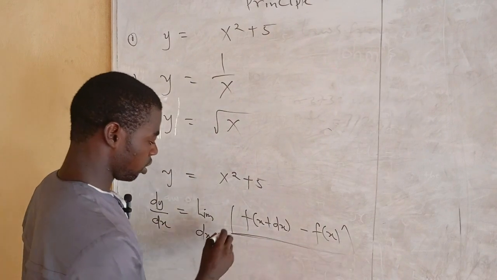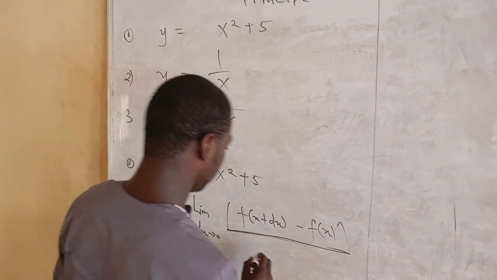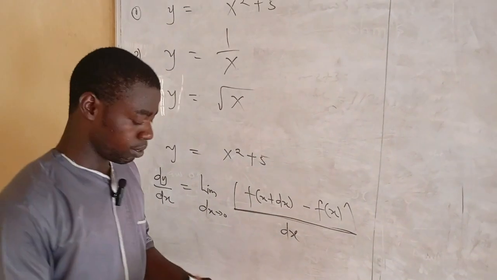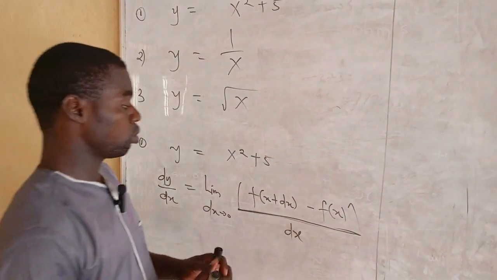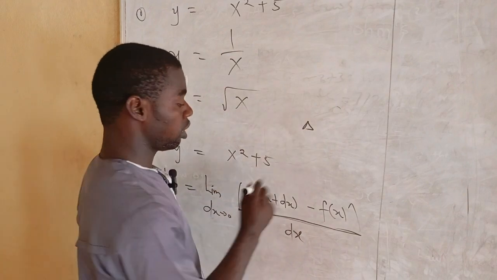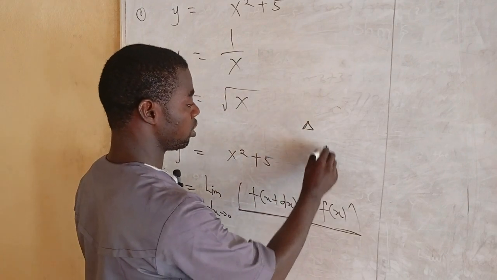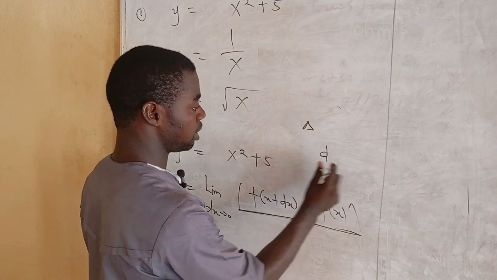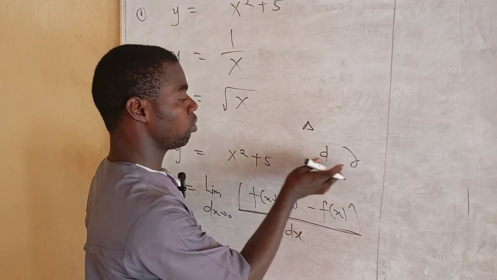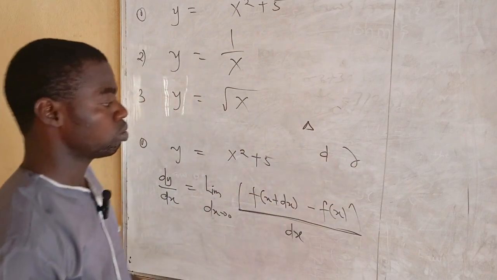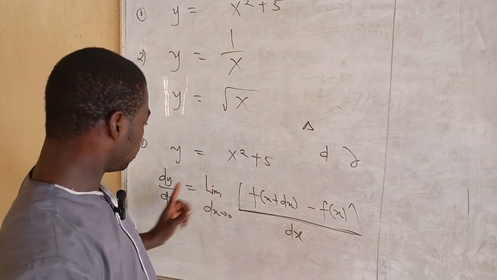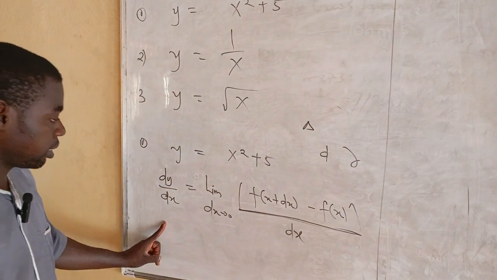You could use your delta symbol, or this one, and be mindful there is a difference between them. This is used for partial differentiation, while this is used for total differentiation. So we are looking out for dy divided by dx.